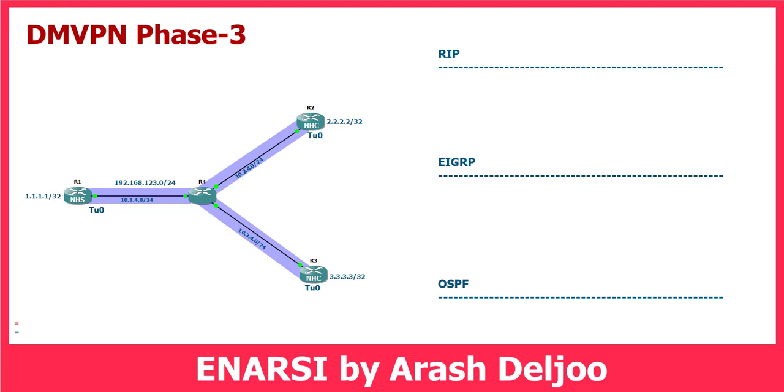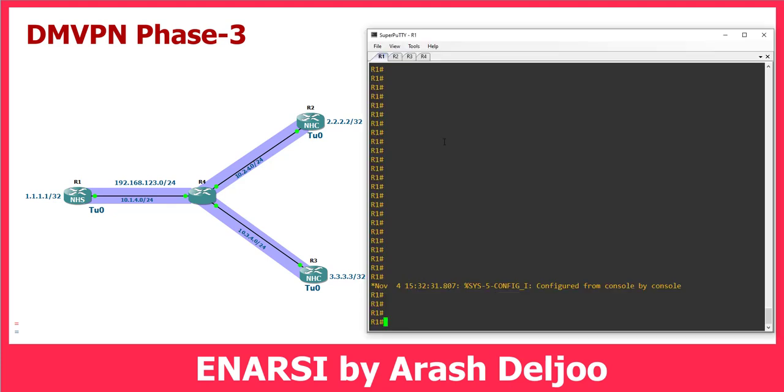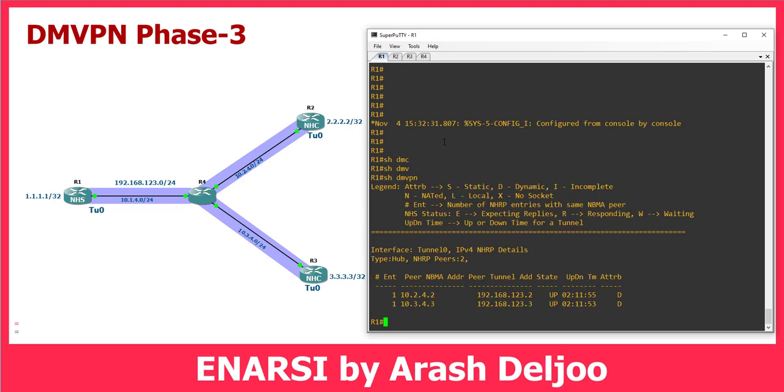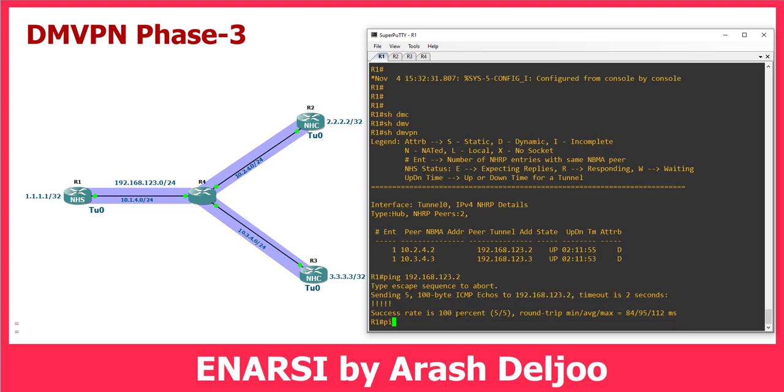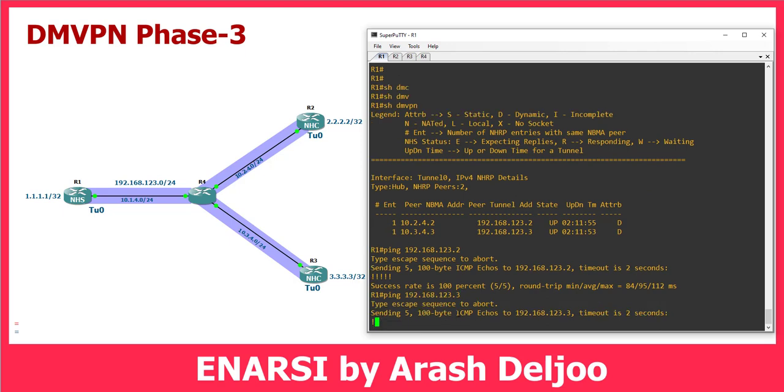Because of that, let me first show you the DMVPN tunnels. Here in router 1, show dmvpn shows that we have DMVPN tunnels with, for example, router 2 10.2.4.2 and router 3 10.3.4.3. In router 1, let me use ping 192.168.123.2, and as you can see we have connectivity, and then ping 192.168.123.3, that's it.